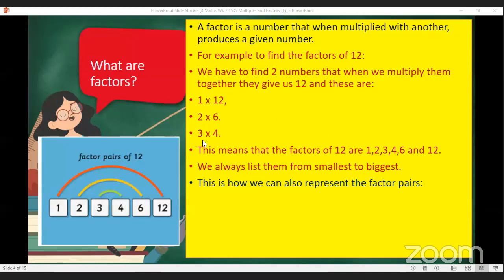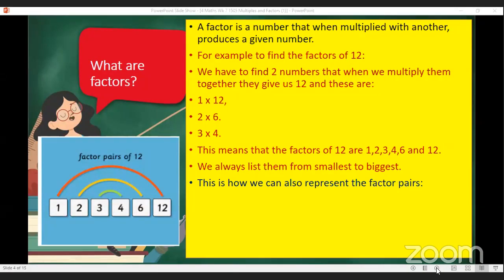So if we list them from smallest to biggest, we start with 1, followed by 2, 3, 4, and then 6, and the last one is 12. So it's 1, 2, 3, 4, 6, and 12. These are called factors of 12, right?